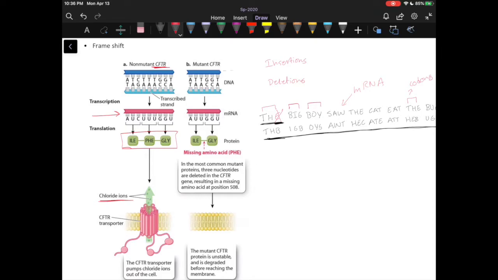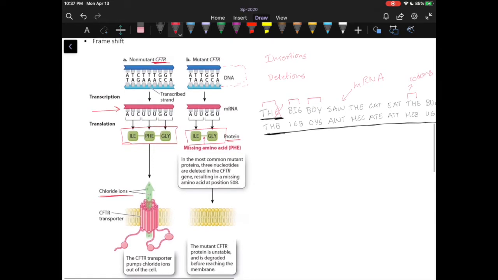Okay. So for cystic fibrosis, we have a mutation in the CFTR protein. In our DNA, we're going to be missing these three nucleotides right here, and that's going to result, when we transcribe our RNA and translate it into a protein, in just 2 amino acids instead of 3.